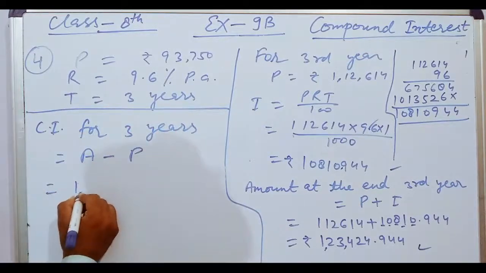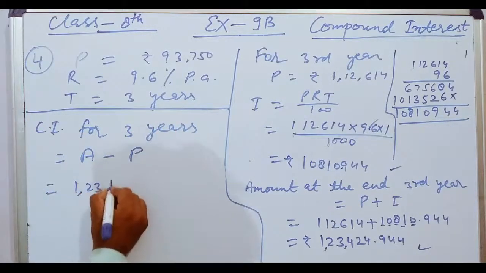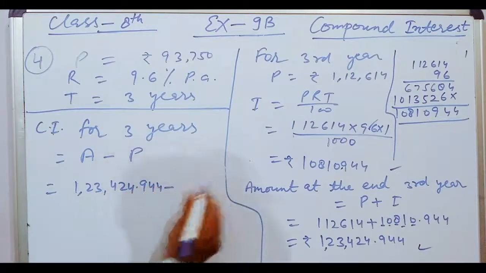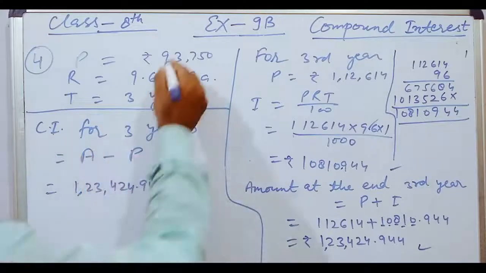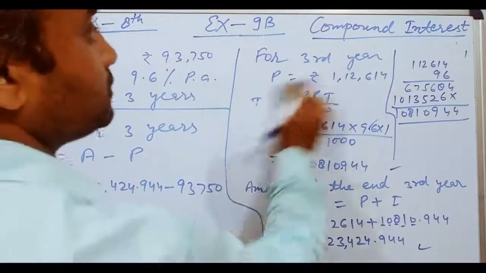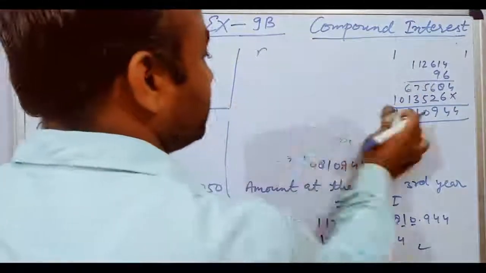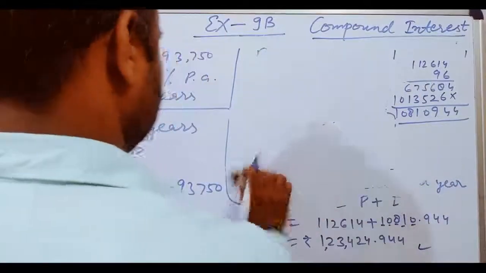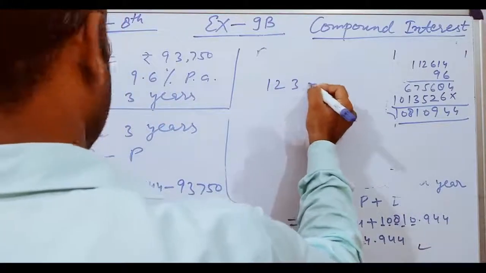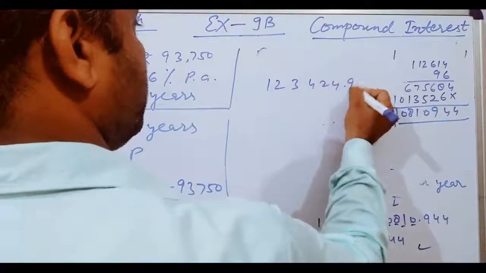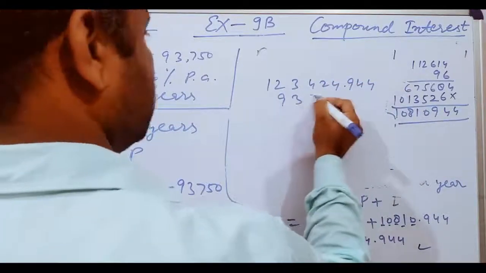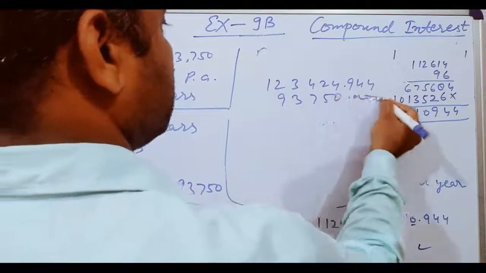Amount 1,23,424.944 minus this 93,750. Now we will subtract 1,23,424.944 minus 93,750.